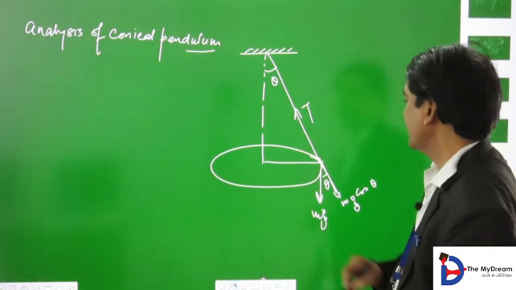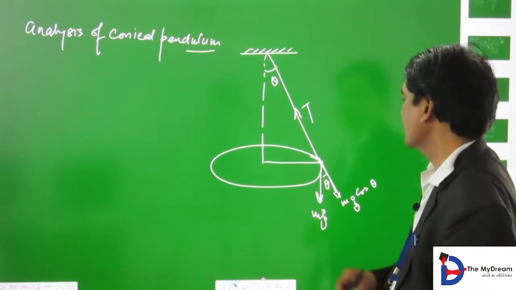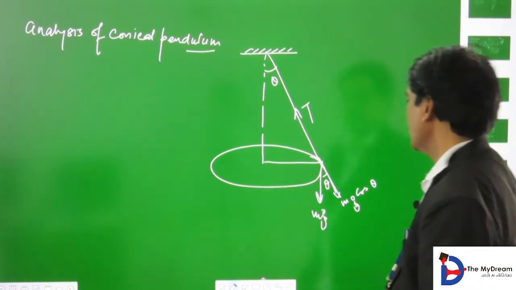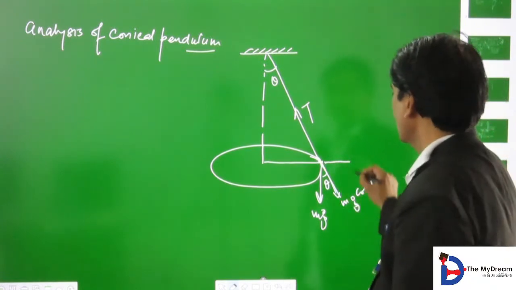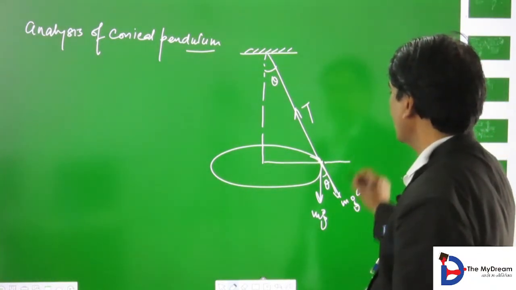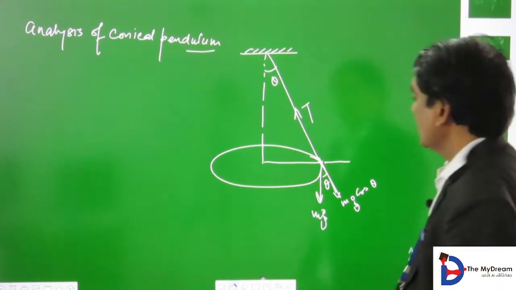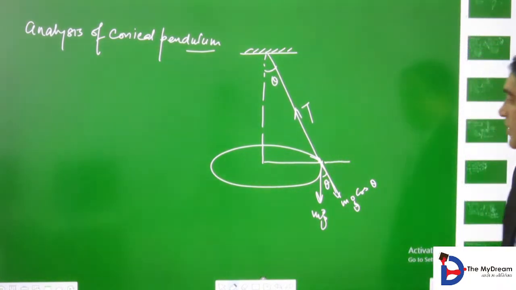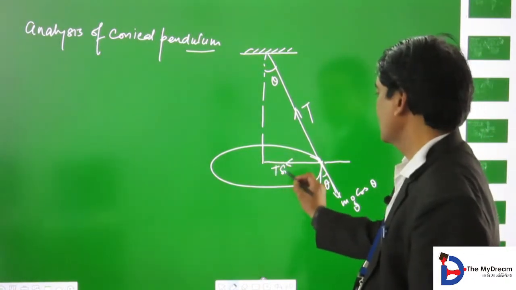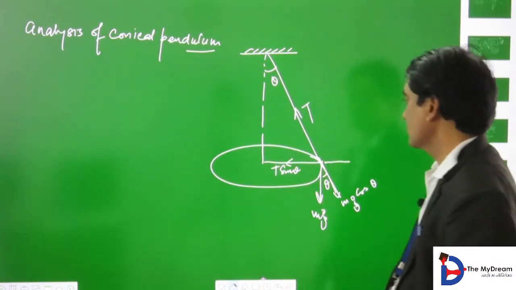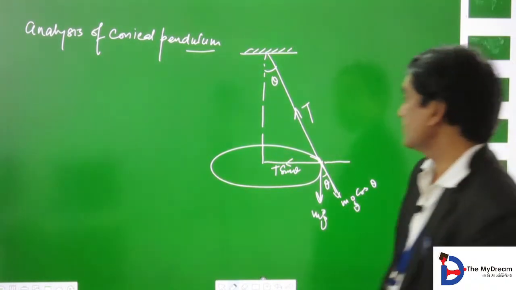ठीक है, नोट कर लीजिए. ये तो वही आएगा जो आपको बताया. तो T sin theta is equal to L, length.